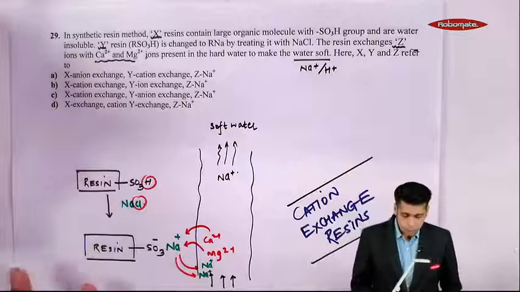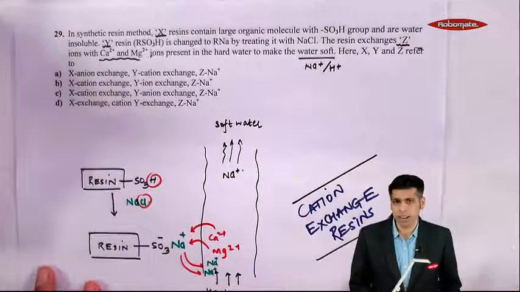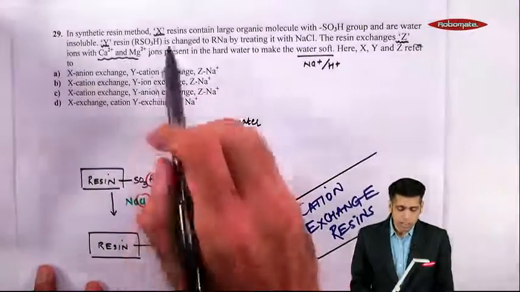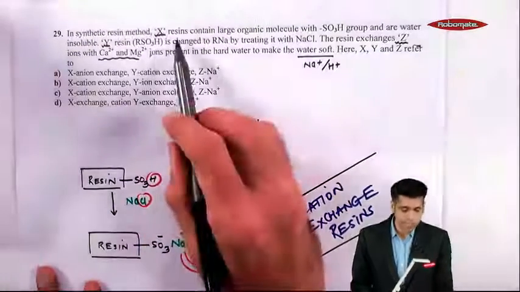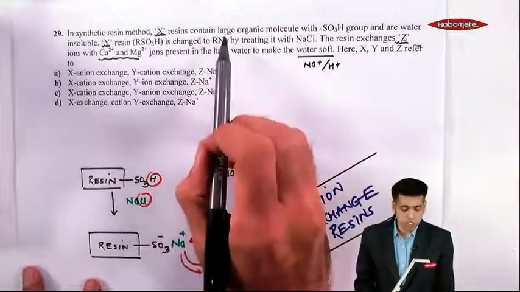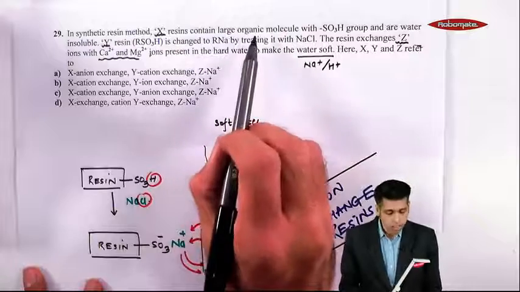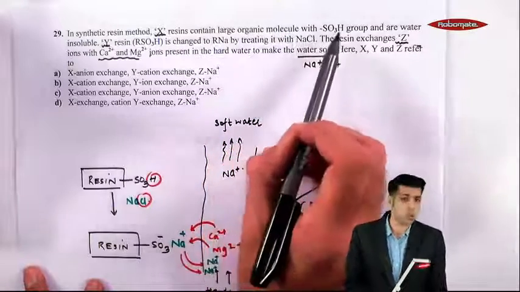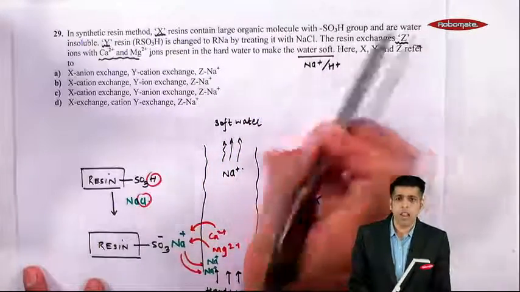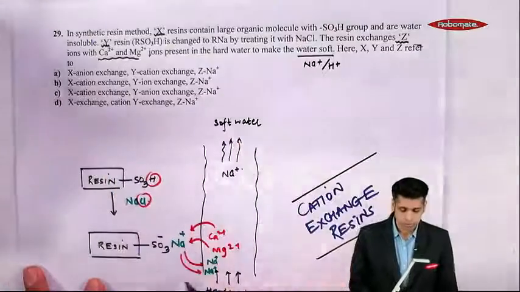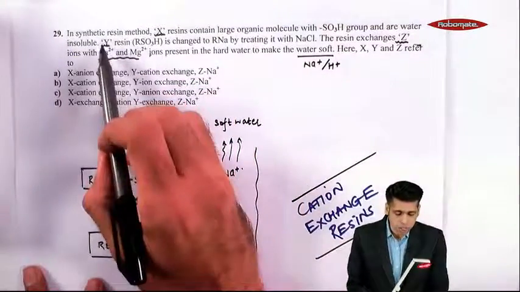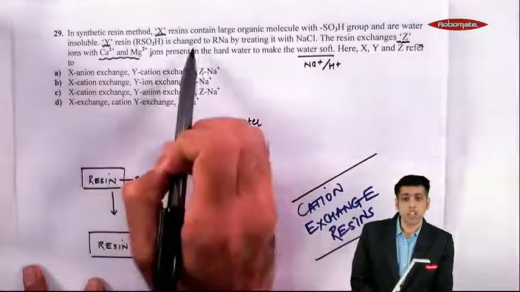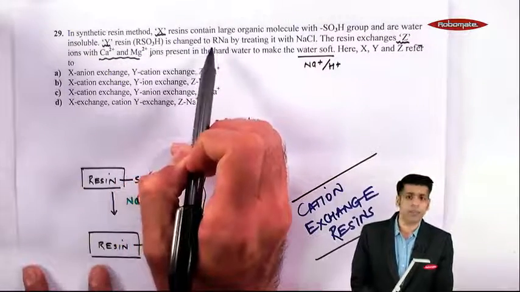So now if you ask me to fill in the blank, I would say that this is actually a cation exchange resin which contains large organic molecules with SO3H group and are water insoluble. Then it is this exchange resin is changed to RNa.